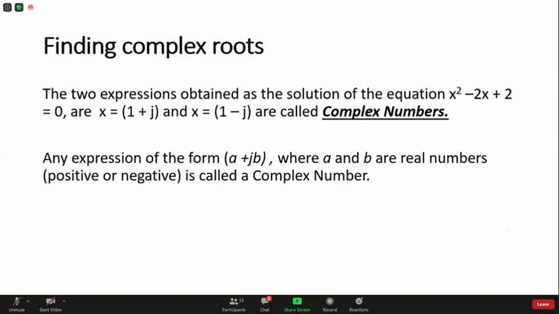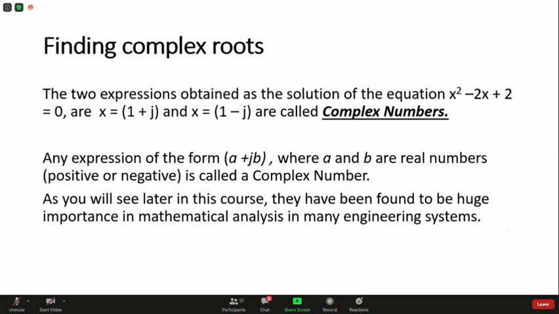Remember, a and b can be either negative or positive. This is called a complex number. This is what we call the general form. Later we give it a proper name, the Cartesian form. a + jb: a is a real number, b is a real number, sometimes negative, sometimes positive. You know what a real number is: it could be an integer, or a rational number, whatever like that.